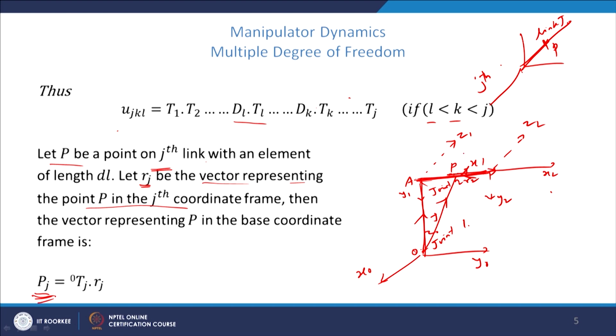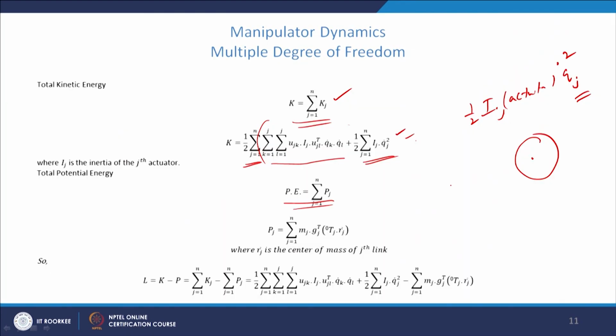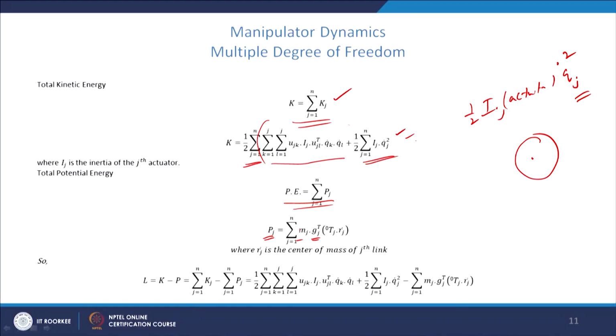If P is the point, the gravity vector will be pointing downwards, and the height is from the point P to the projection of the point in the xy plane. So, we have to calculate the gravity with respect to the frame. So, the potential energy is given by mass into the gravity vector with respect to the jth frame, because we are considering the potential energy of the jth frame.